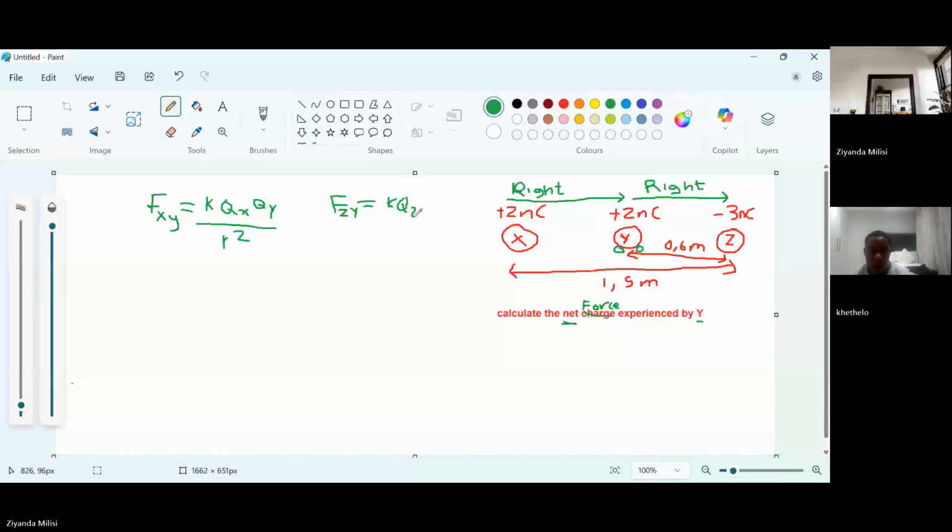It's about 9 times 10 to the 9. What is Q_X? Q_X is 2 times 10 to the power of negative 9. Q_Y is also 2 times 10 to the power of negative 9.